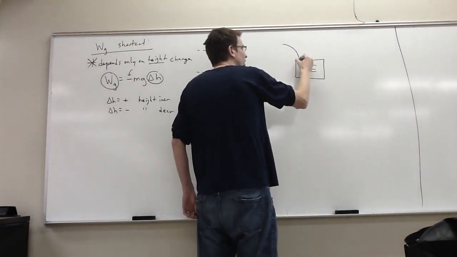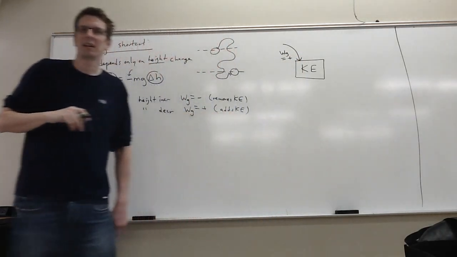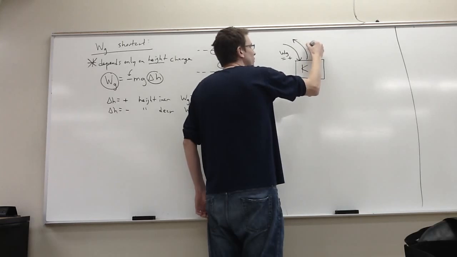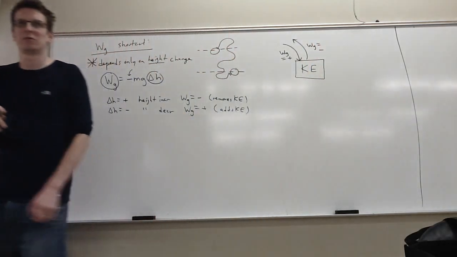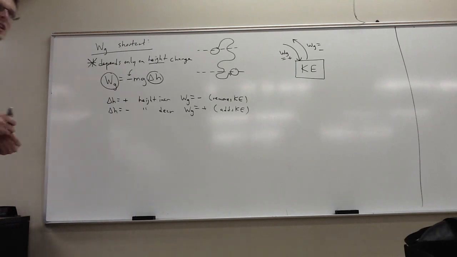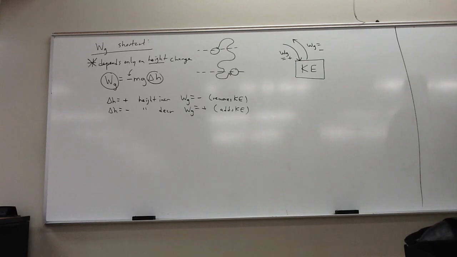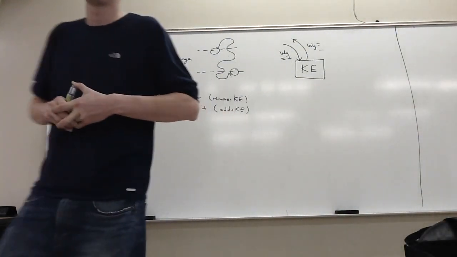And when something does positive work, it makes a deposit to that energy account. And when work is negative, it takes it away. So we're thinking of energy as a single bank account, and works make modifications to the balance that is in it.